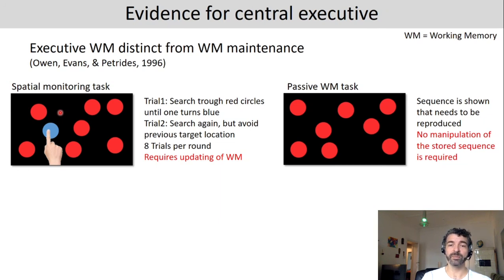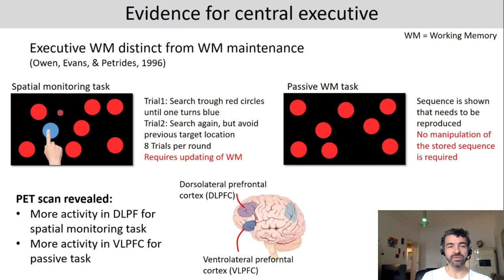So there was no manipulation of the stored sequence required, and there was no updating of working memory required. So all these things that are thought of as the central executive being important for them were not involved in the passive working memory task. And then the interesting thing is that the PET scan revealed that there's different brain areas being active in these two different tasks.